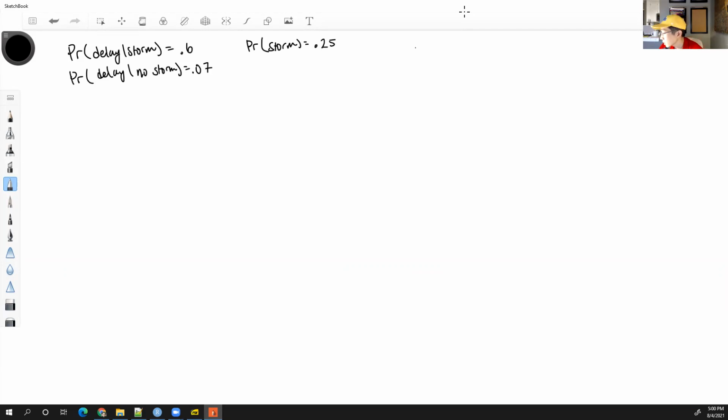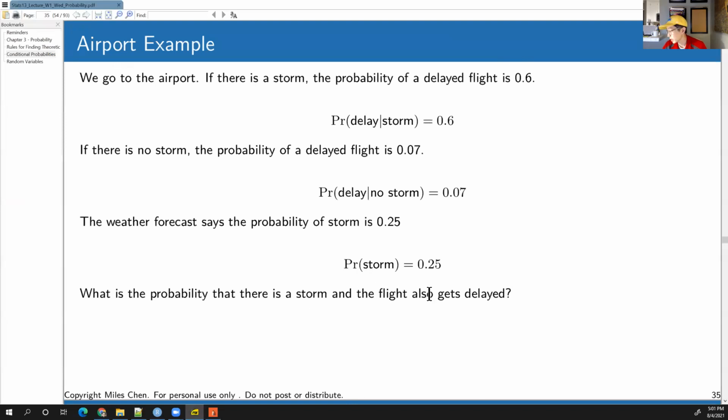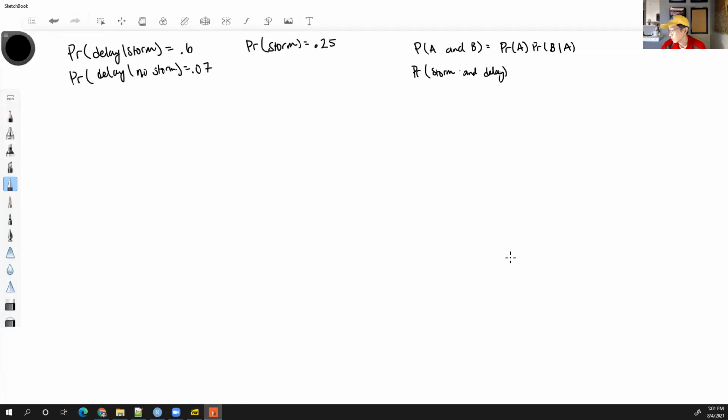And the formula we're going to use here is the probability of A and B is equal to the probability of A times the probability of B given A. So the question is, what is the probability that there's a storm and your flight gets delayed?